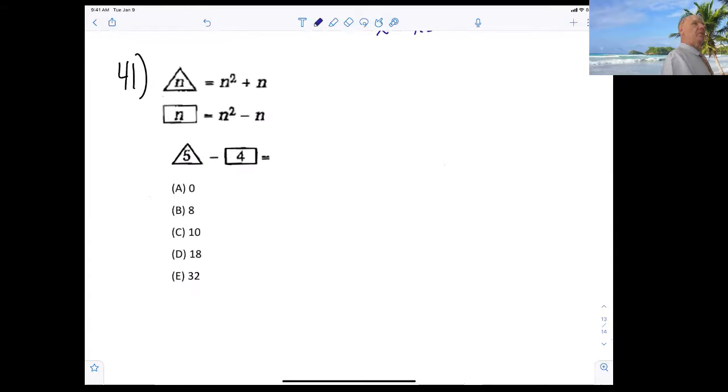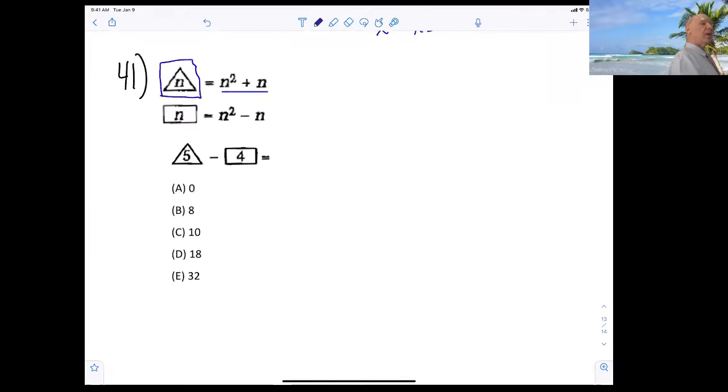Now, we used to call these funny functions. The reason is because this right here is not a math term. It's just something that when you kids see something they don't know, they just say, I don't know how to do it. They're telling you that the triangle with a number in the middle is defined as n squared plus n.